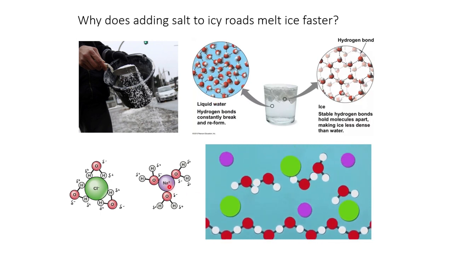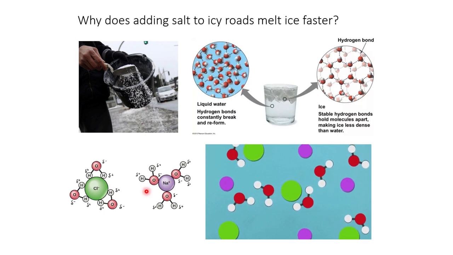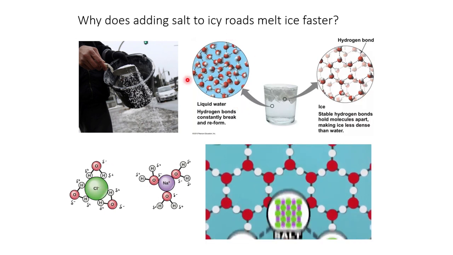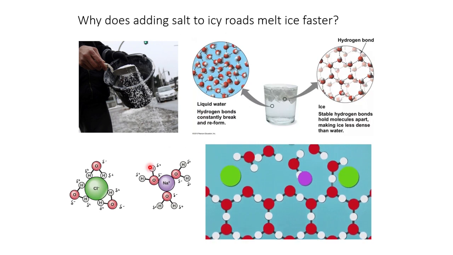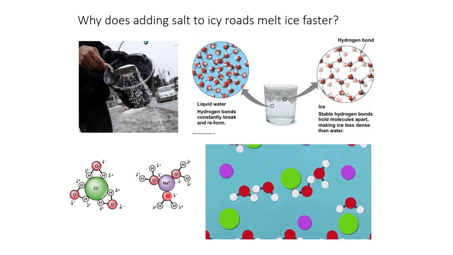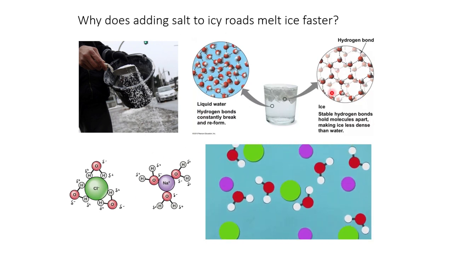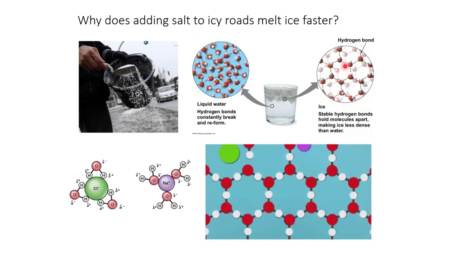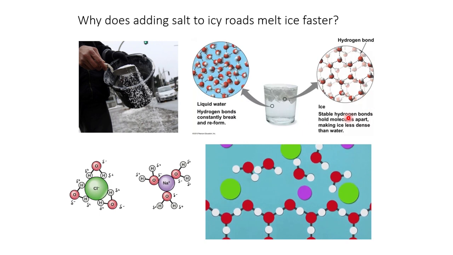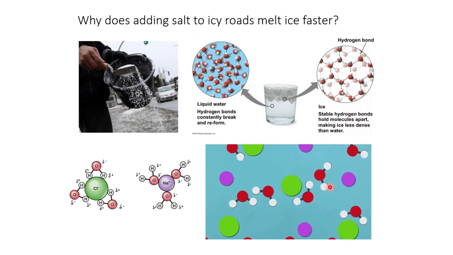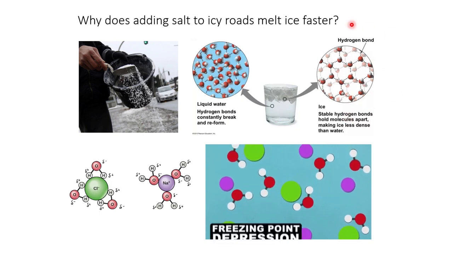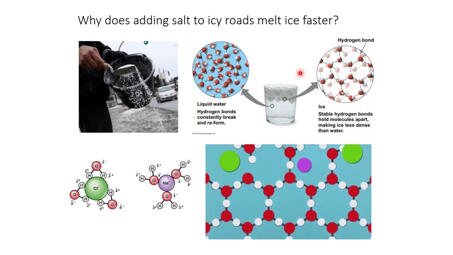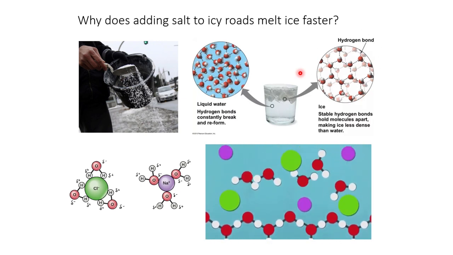However, the energy you get back from forming these new attractions is greater than the energy you get back from reforming the hydrogen bonds. So this is why sodium chloride is able to disrupt the hydrogen bonding in ice. And so that lowers the point at which the network forms, because it lowers the energy, and it lowers the temperature at which water can go from liquid to solid.